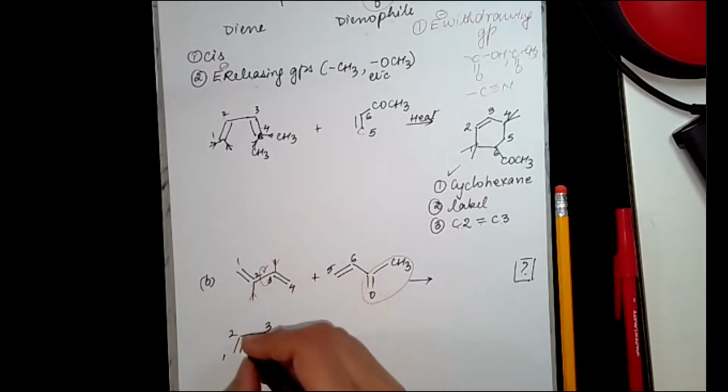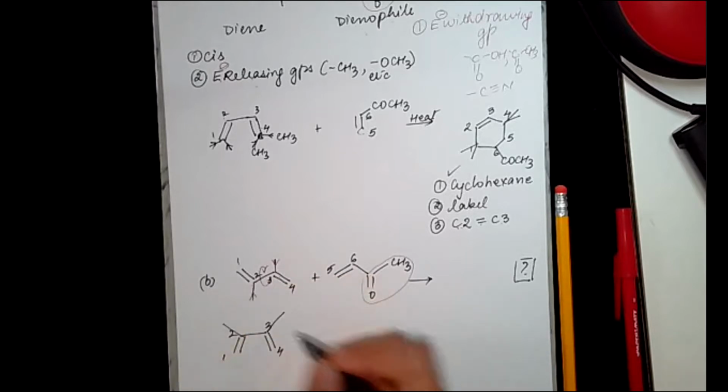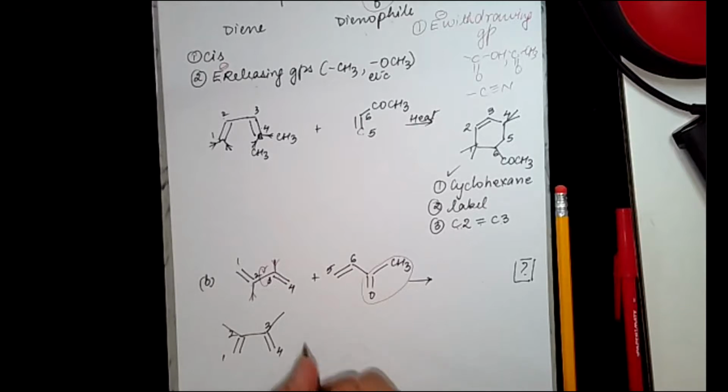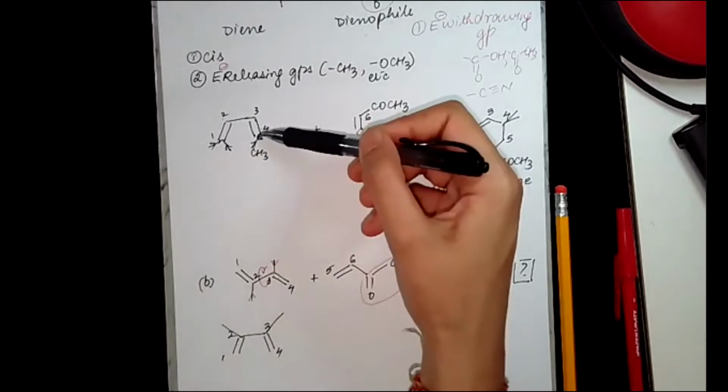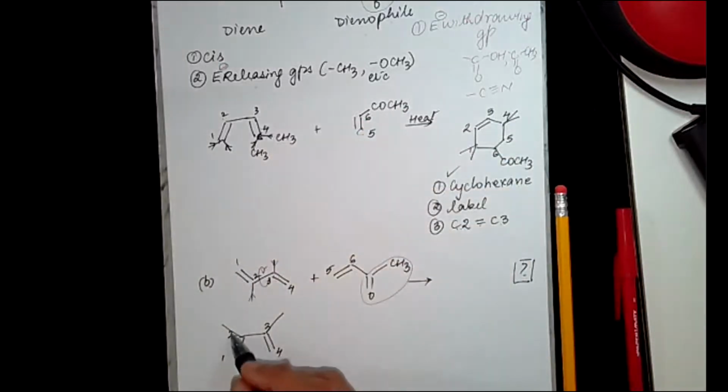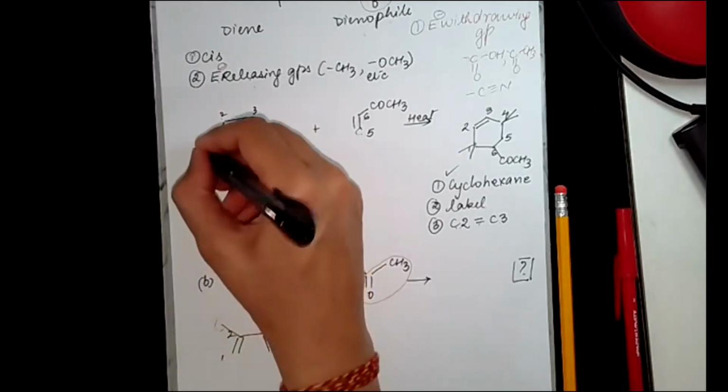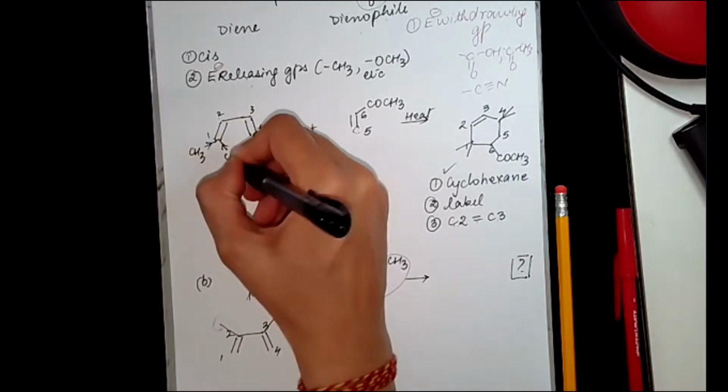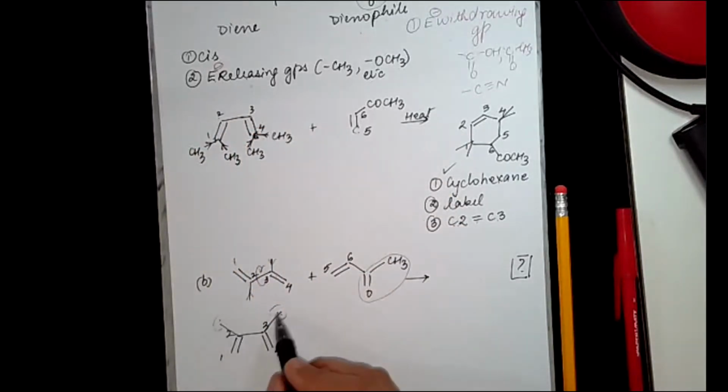I have a methyl group on 2. I have a methyl group on 3 as well. Right? The only problem that I saw here was the placement of these substituents. So there are these substituents here and these substituents right here.